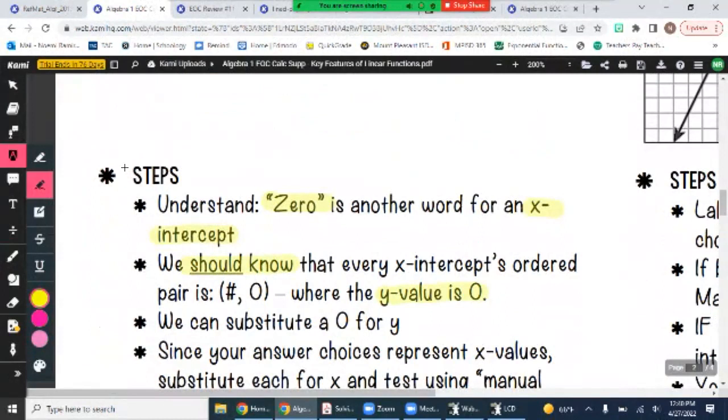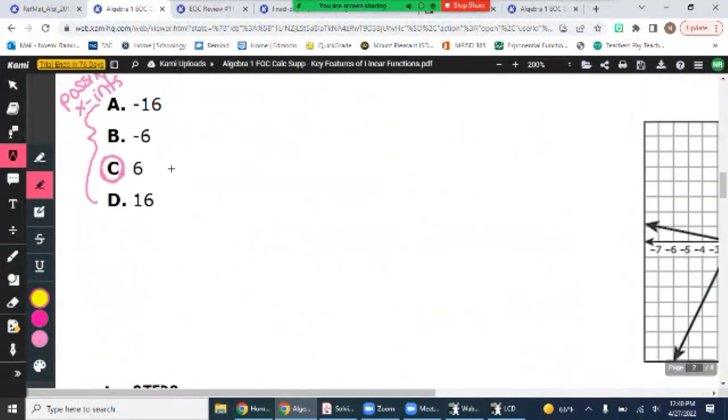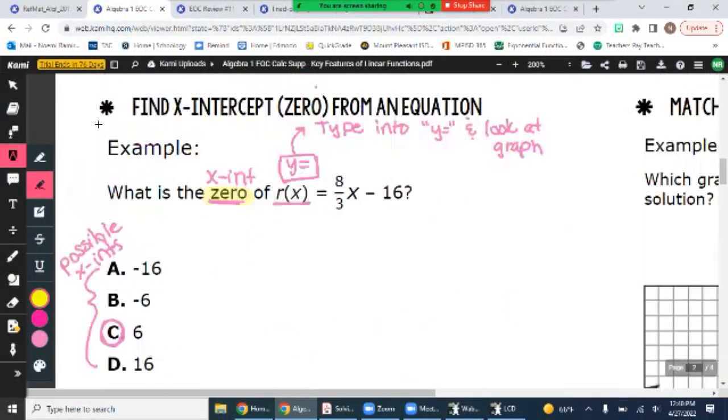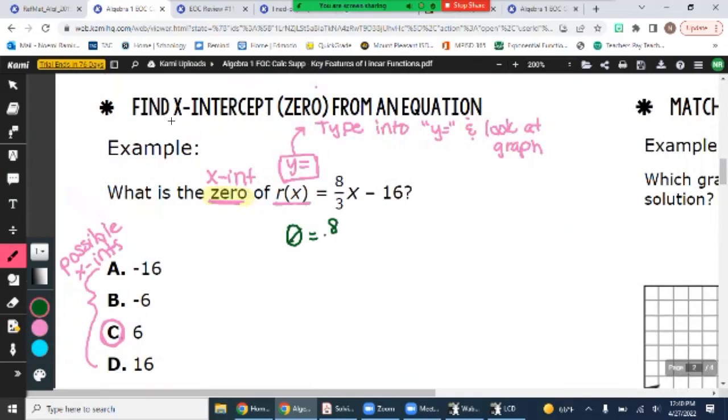So what can we do? We can substitute a 0 for y. I can put a 0 in this spot, so I'm going to put a 0 here, 8/3. Because these are all possible x values, I can plug the numbers in myself.